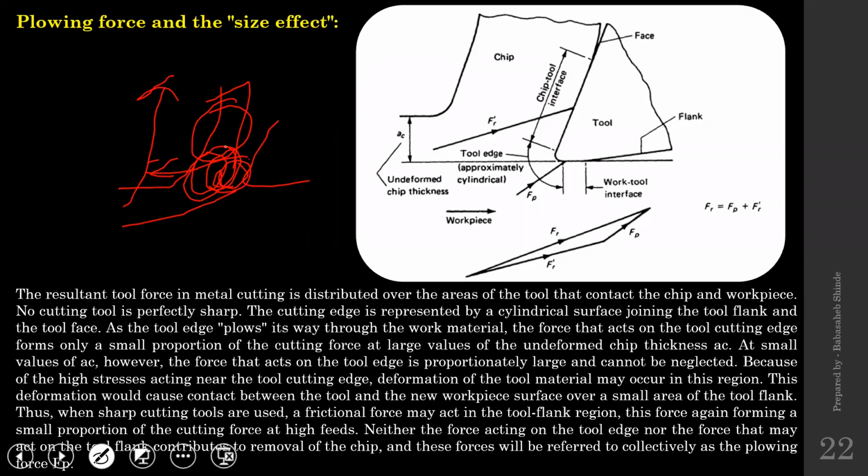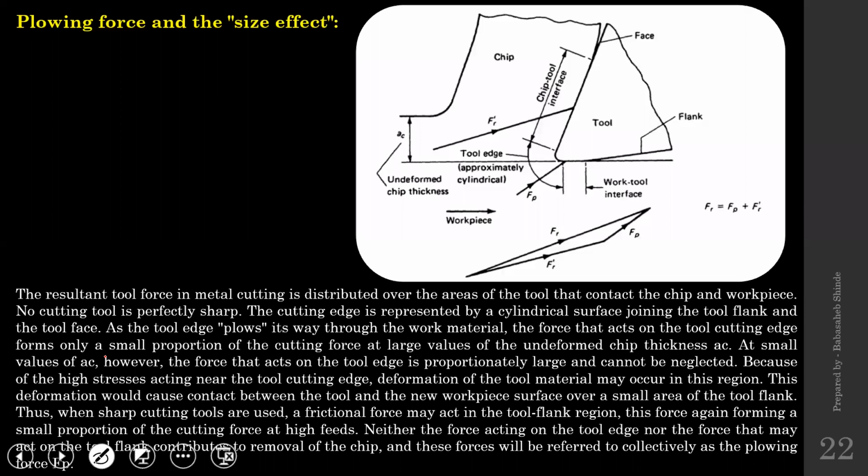There would be a certain accumulation of chips in front of the cutting tool, and when the cutting tool moves ahead, it is supposed to push this material along with it, and that pushing action is nothing but the flowing, and the force involved in that phenomenon is nothing but the flowing force. I hope everyone will remember this one now.